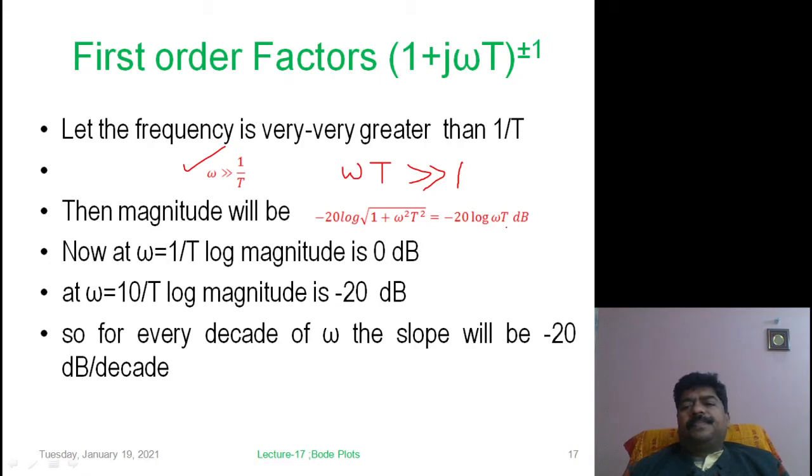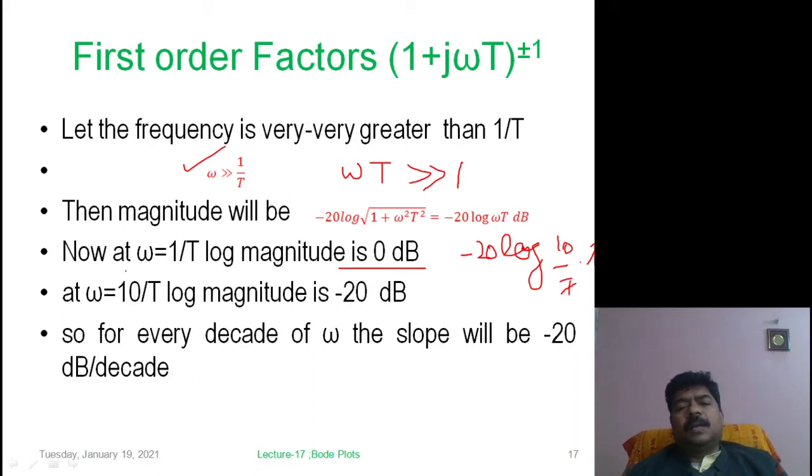Now, if omega is considered to be 1 by t, the magnitude will be 0 dB. While if omega is 10 by t, this will contribute minus 20 log of omega t with omega equal to 10 by t, and the t and t will cancel. So this will result in minus 20 log 10, meaning minus 20 dB.